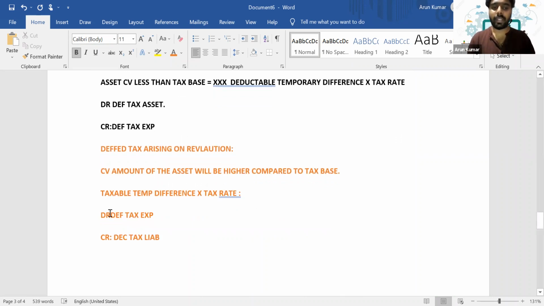But the only difference will be that this debit deferred tax expense will not be charged to P&L. It will get charged to OCI, because revaluation is an item that will get accounted as a part of OCI. So the tax charge that we have incurred with respect to this revaluation should be recorded as a part of your OCI. In the question, they will say that if there is any taxable temporary difference, and out of it this much amount is with respect to revaluation, then that portion should not be accounted for in calculating the tax charge in your P&L. Is it clear, everyone?